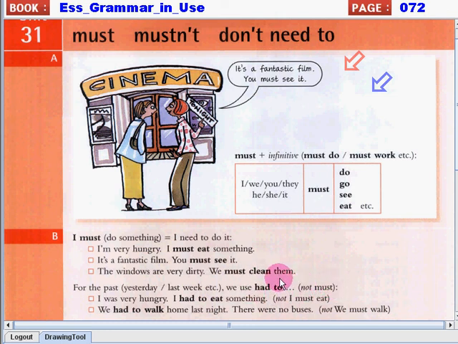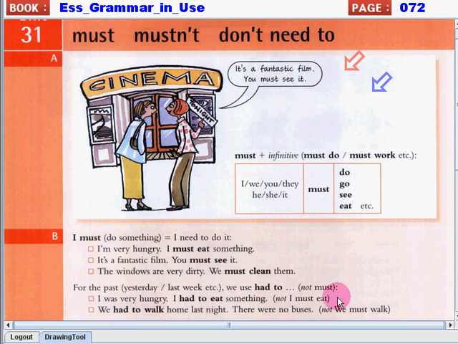For example, I was very hungry. I had to eat something. So, this is in the past tense. Why? The first sentence is already in the past tense. We use the verb was. So thus, the next sentence should be in the past tense also. I had to eat something. We should not say I must eat something.